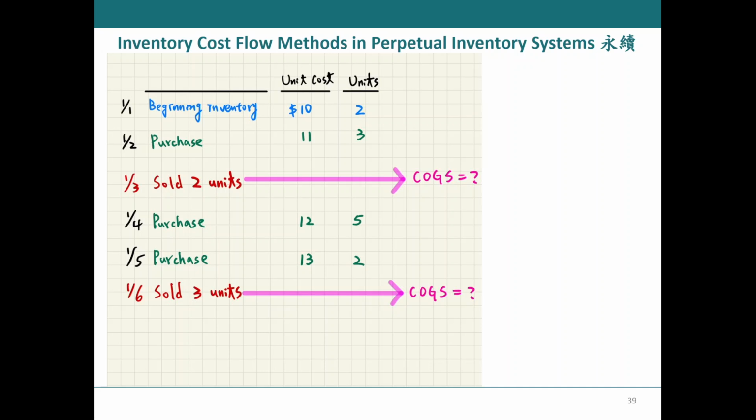Okay? So the date is quite important. So you sold, cost of goods sold on January 3rd, January 6th. Okay? So let's look at the first one. You sold 2 units. You try to get cost of goods sold, right? So could you tell me, on your first sale on January 3rd, how many inventory you have before you sell it?